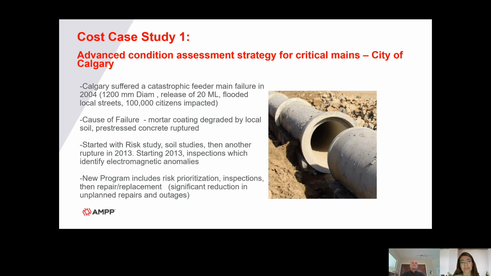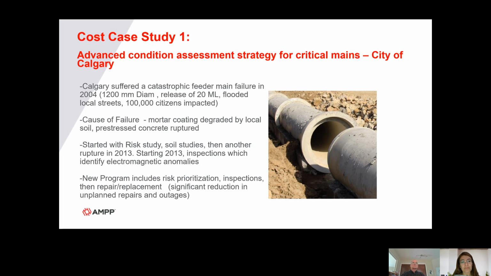Then in 2013, another failure happened, and so they started inspections to identify anomalies with electromagnets. Right now, their program grew from being very reactive, where we don't know what to do, we have a failure, we impact a bunch of people, and now we have to pay a bunch of money, to, okay, let's see which areas can be better.